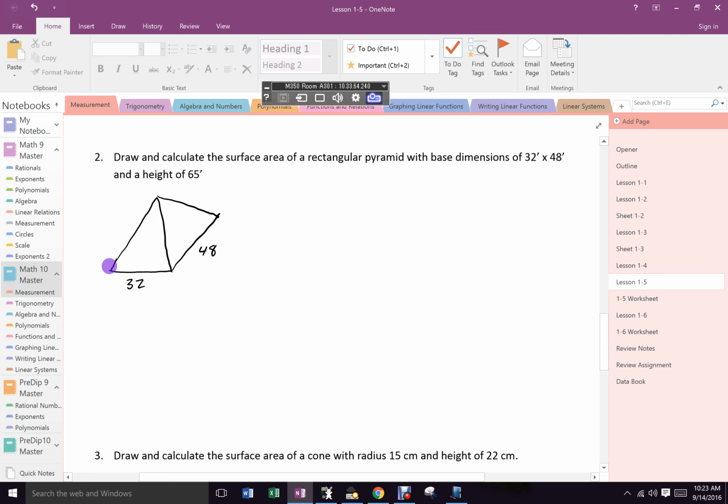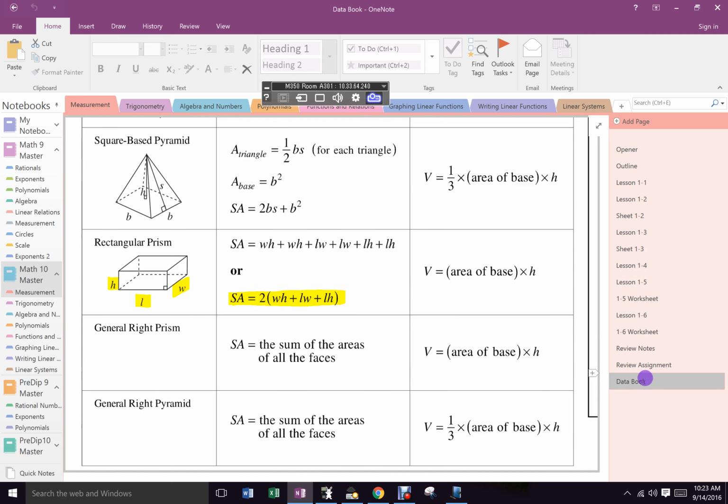Right? Now you have to use your brain. Go to your data booklet. Is there a formula for the surface area of a rectangular pyramid? There's a square pyramid, but there isn't a rectangle, is there? That's because there's no formula for it.